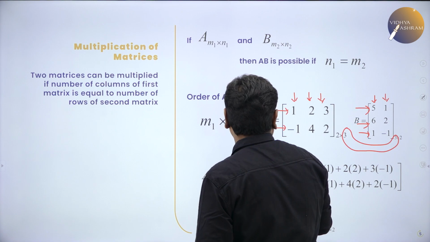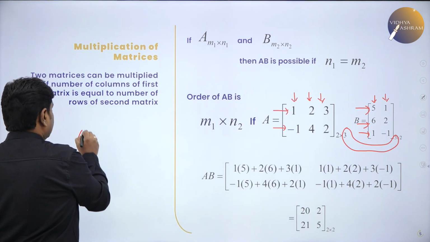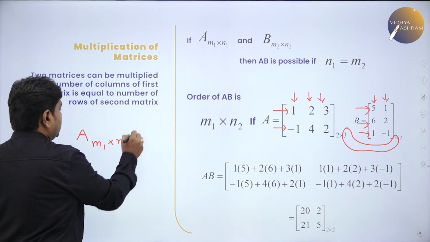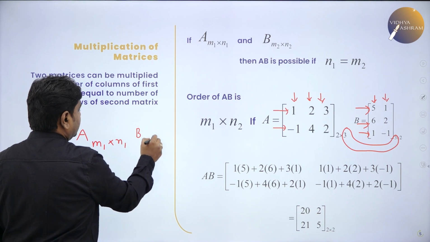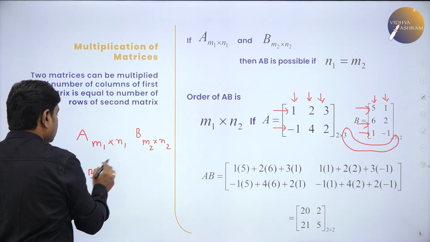After you multiply, what will be the order? For example, A is m1 cross n1, B is m2 cross n2, AB is possible provided these two are equal.